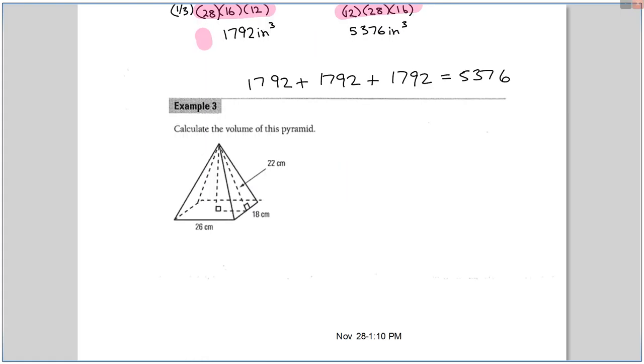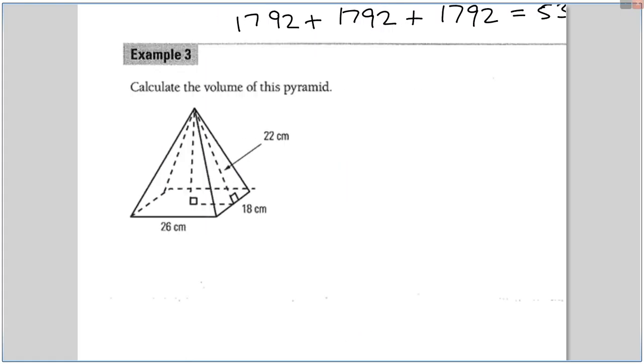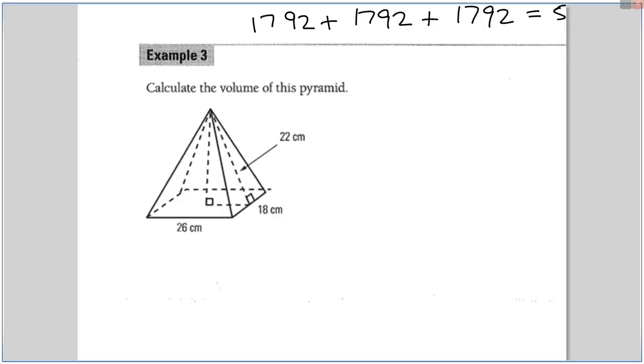Okay, example 3. What's the problem with this one? They gave us the wrong height. Okay, so how do I solve for the short side on Pythagorean? You have to end up subtracting, right? So what goes in for C?